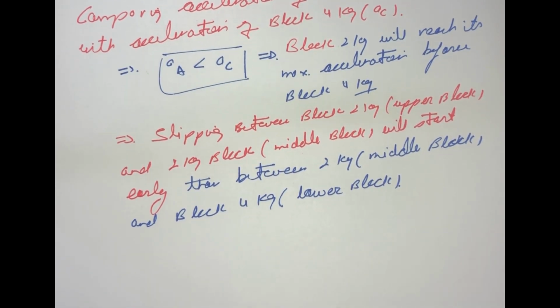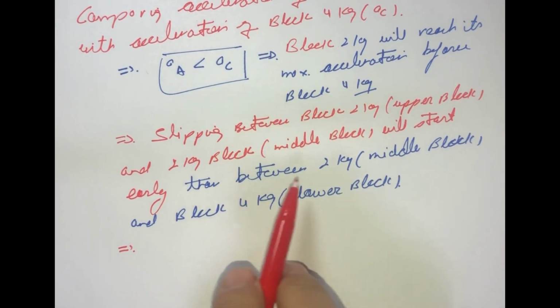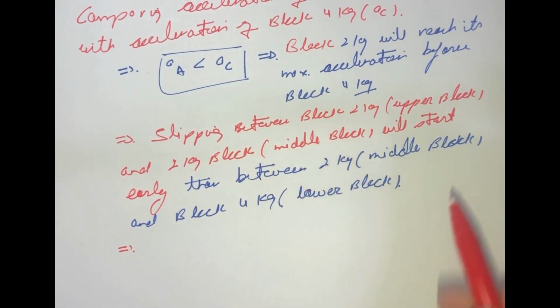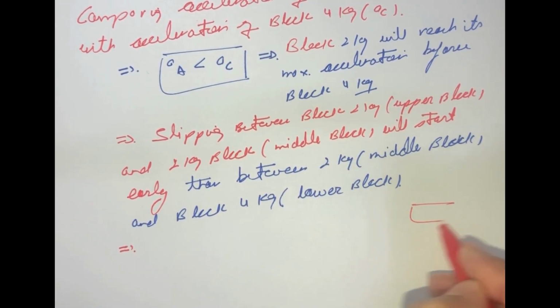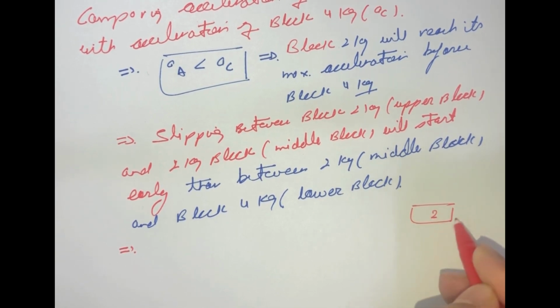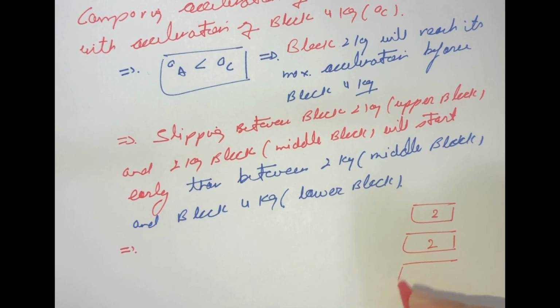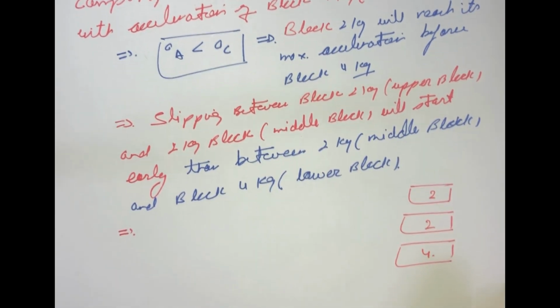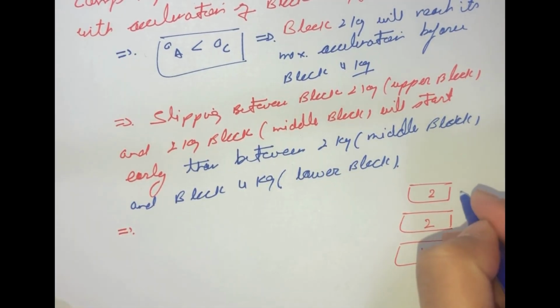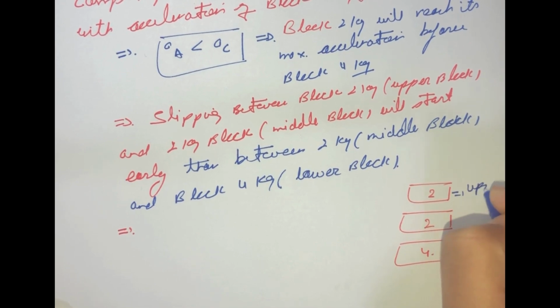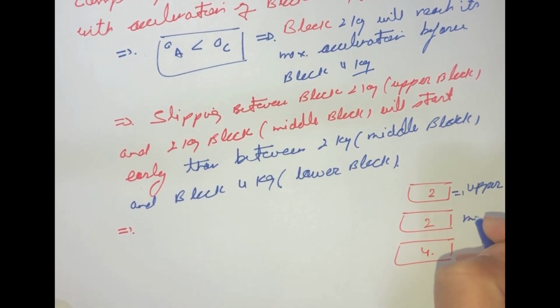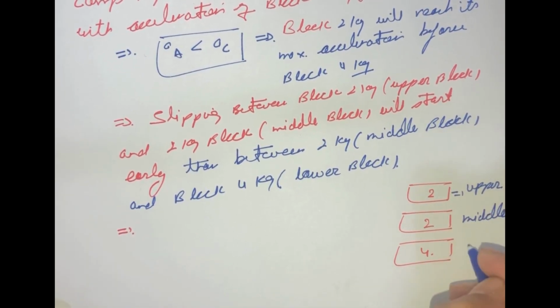So under this condition, we already said that block slipping between, let me draw it here. So this is 2 kg block, the upper one, and this is 2 kg, the middle block, and this is our 4 kg, the lower block. So this is our upper block, this is our middle, and this is the lower.